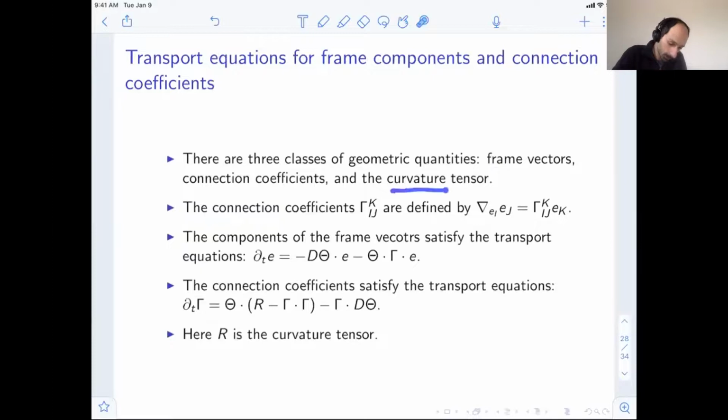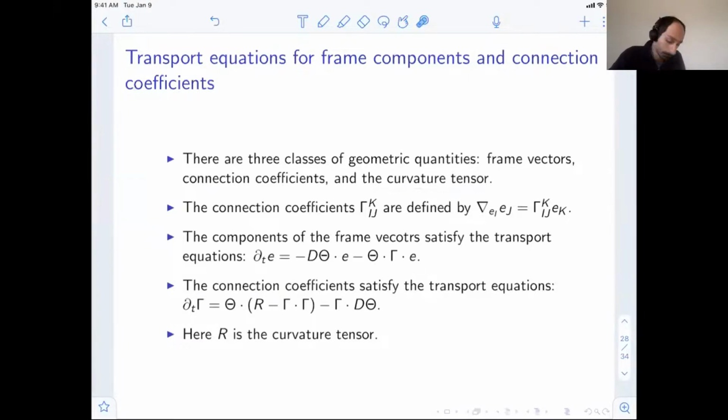And then there's the curvature tensor. I'll come back to the curvature tensor later, but if one goes through the conditions that we've set, this parallel transport, the first two classes, the components of the frame vectors and the connection coefficients, will satisfy transport equations which are tangential to the boundary, because this fluid velocity is by assumption tangential to the boundary.